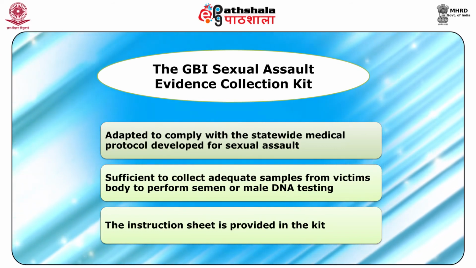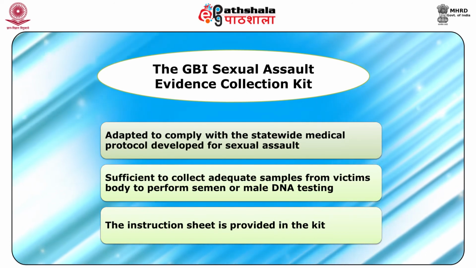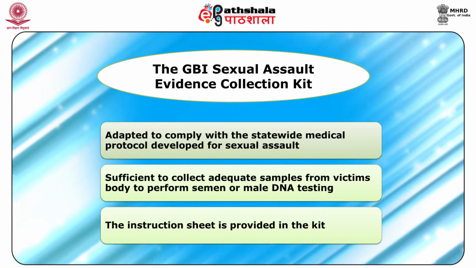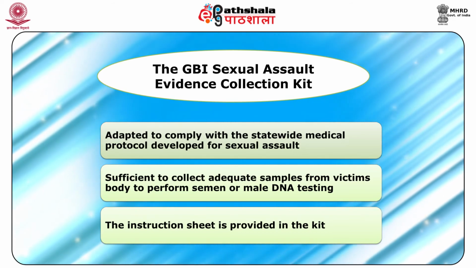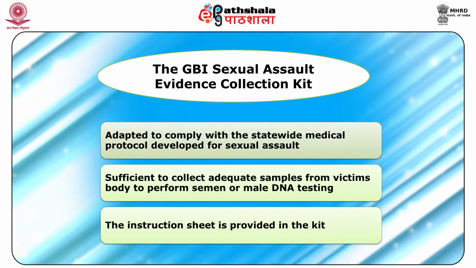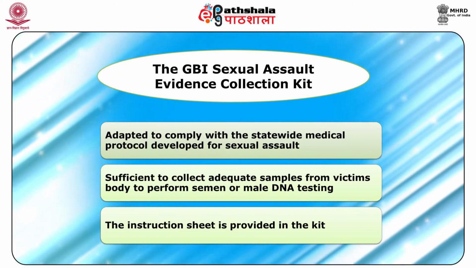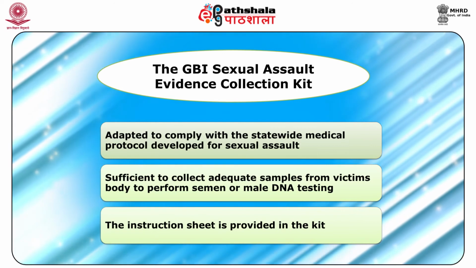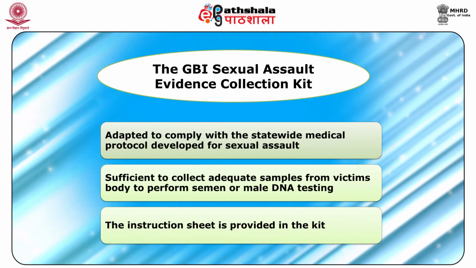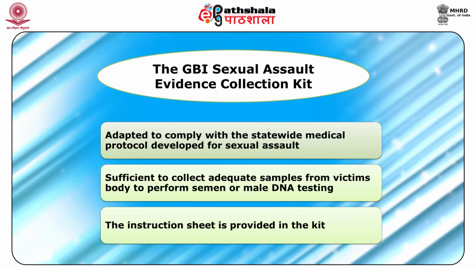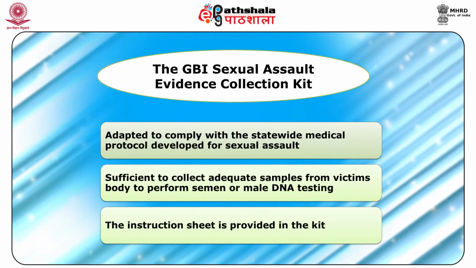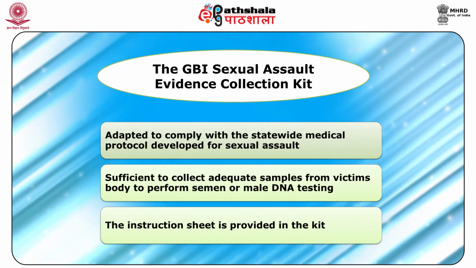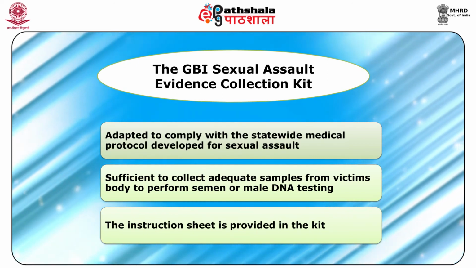Sexual assault evidence collection kits. The GBI sexual assault evidence collection kit is prepared commercially. These kits have been adapted to comply with the statewide medical examination protocol developed for sexual assault victims. The kit is sufficient to collect adequate samples from the victim's body to perform semen or male DNA testing.